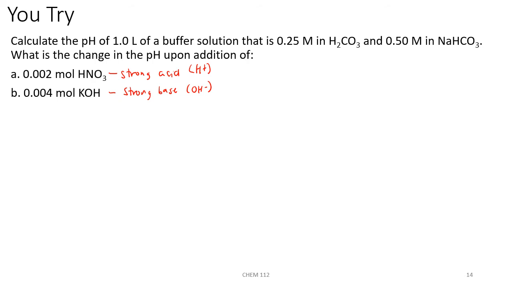So our initial buffer is a combination of our weak acid, carbonic acid, and its conjugate base, which is bicarbonate ion. So we can initially write the dissociation of our weak acid, H2CO3, and then it dissociates into hydrogen ion, and we'll be left with its conjugate base, bicarbonate, HCO3 minus.